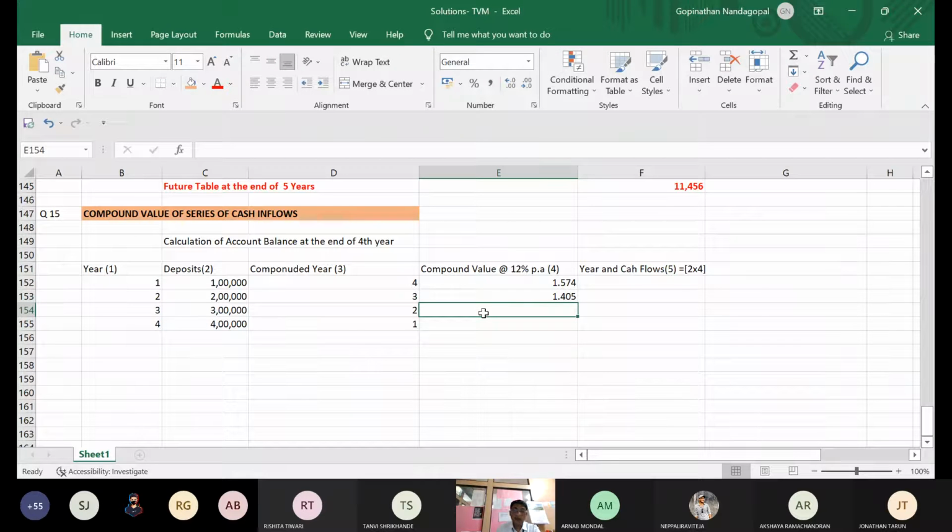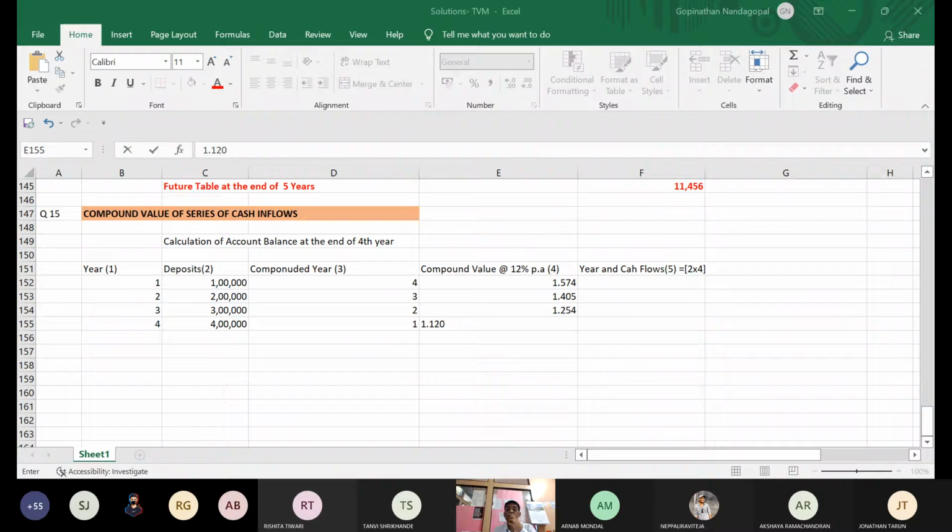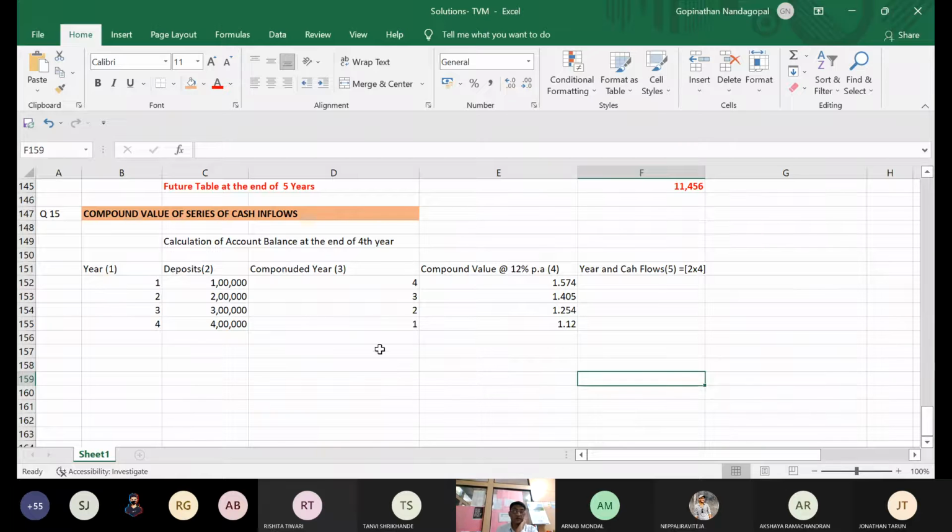Next year, 1.254. Next, 1.120. Some values I am rounding off. Okay, now you multiply this, how much do you get?